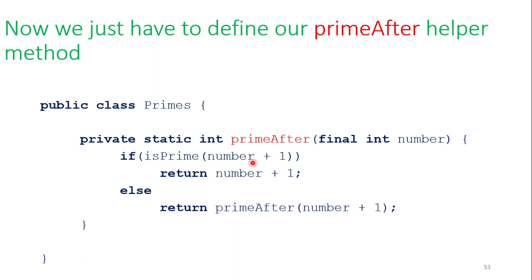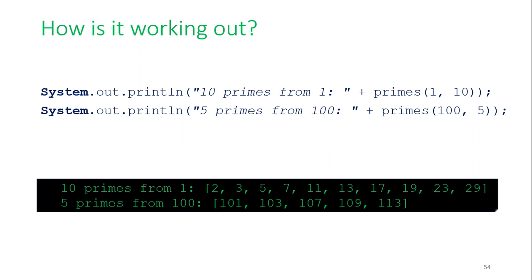All right, so if I find the prime, I return it. If not, I keep moving forward in the series of numbers until I find a prime number. So I use this prime that I already defined, and I use it to generate one prime number at a time. So when I run this program, this is what I'm going to get.